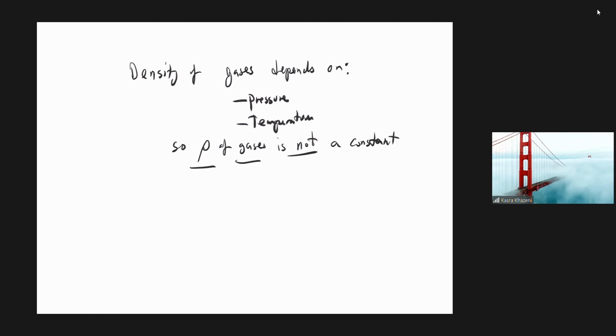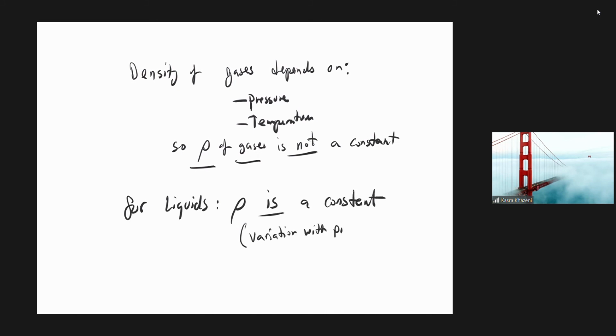Now, on the other hand, for liquids, density is a constant. Okay? So density of a liquid is pretty constant. The variation with pressure, well, I'm just going to use P and T, pressure and temperature, is small.